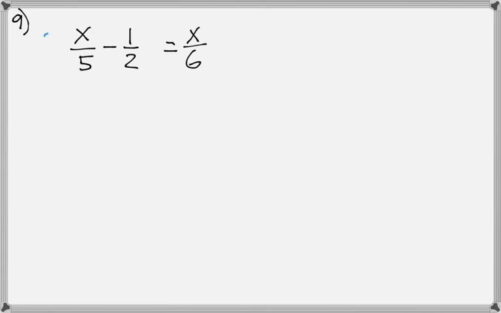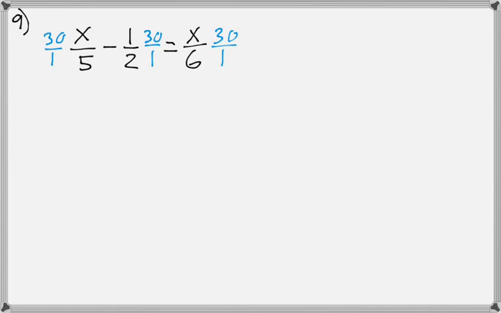So if I multiply every term by the LCD over 1, then this will actually clear the fractions, or it should clear the fractions.